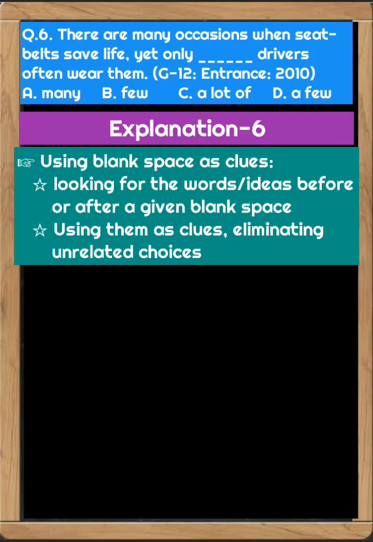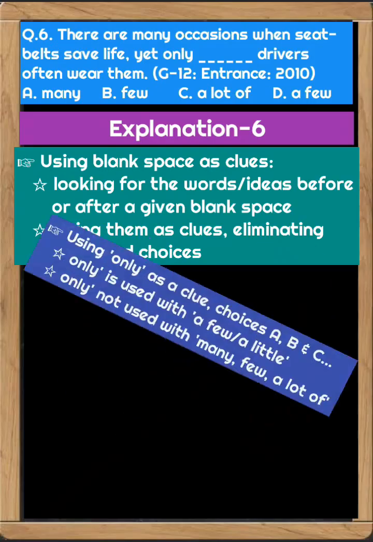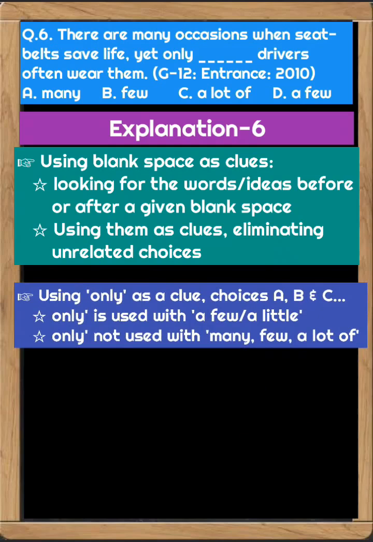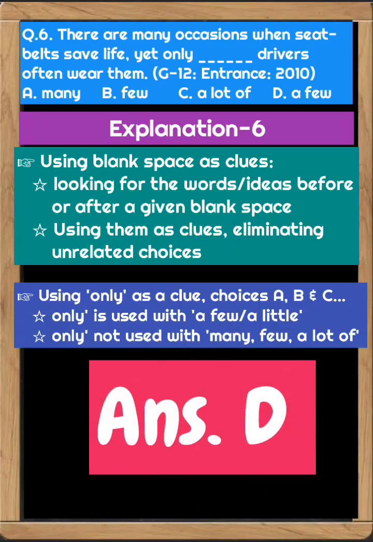It can be answered in one step because the word only is used only with a few or a little. Therefore, using this as a clue, choices A, B, and C must be eliminated because they do not go with the given context. As a result, 100% sure, the correct answer is D.